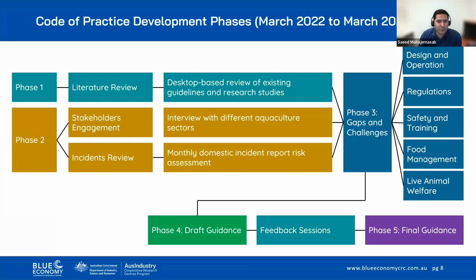Building on these 2 phases, phase 3 aimed to identify gaps and challenges in aquaculture vessels. The identified gaps and challenges were categorized into 5 main groups: design and operation, regulation, safety and training, food management, and live animal welfare. Then, based on the findings, draft guidance for the code of practice was created.